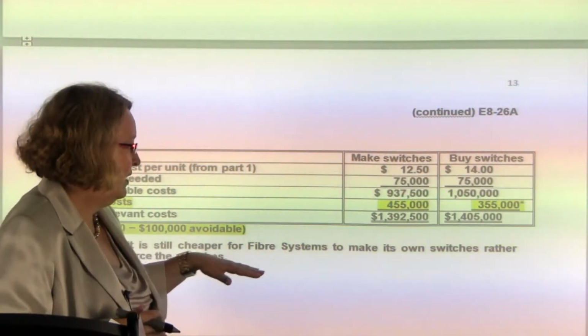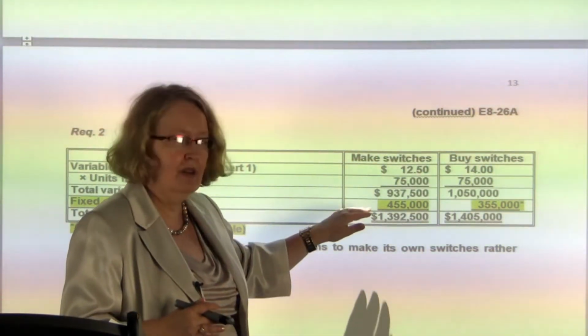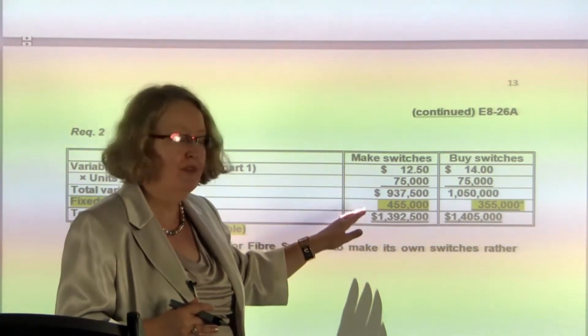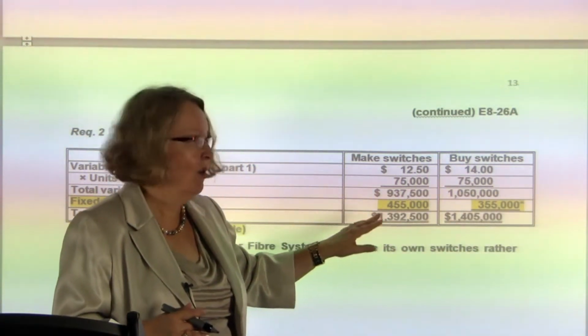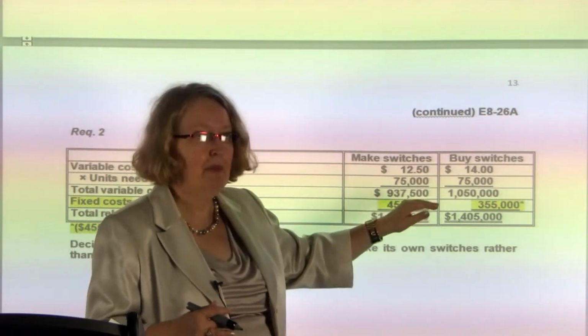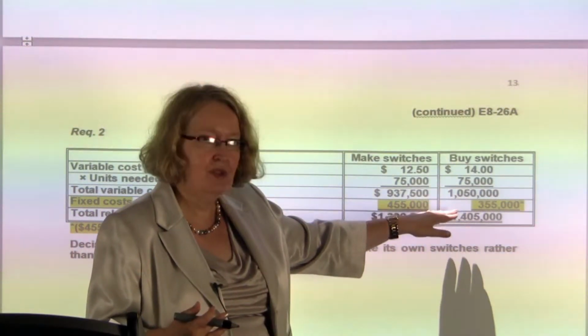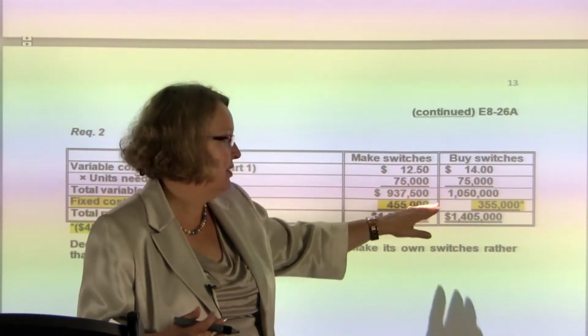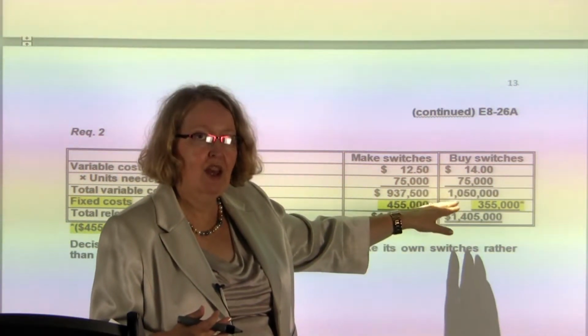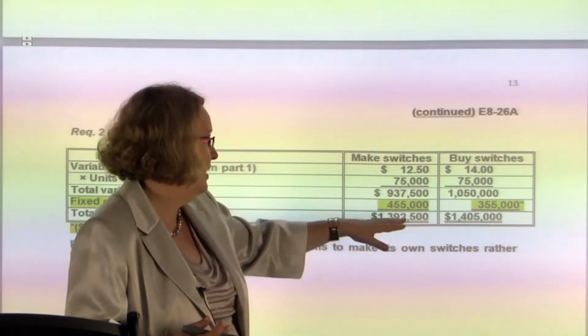So what we're doing now is factoring in the difference in the fixed cost. To make the switches yourself, your company's going to incur $455,000 in fixed cost, whereas if it outsources and buys the switches from another company, it's going to reduce the fixed cost by $100,000. So fixed cost is now only going to be $355,000.